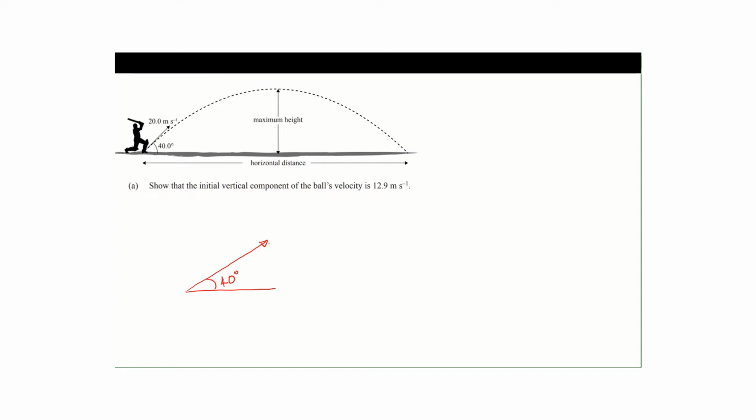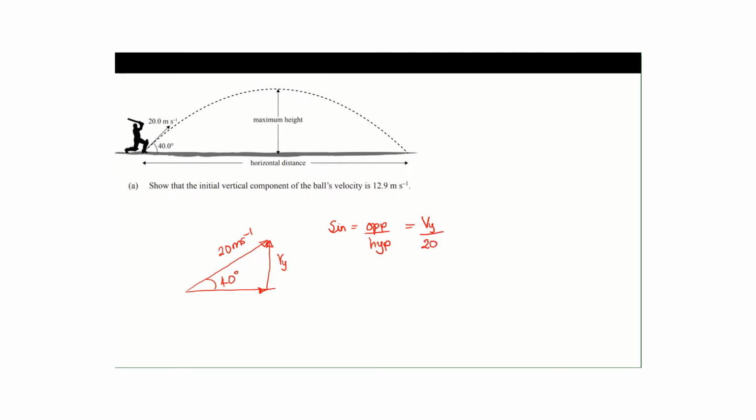So we need to convert this into its two components, because what we are interested in is the vertical component, Vy. We also know that this is 20 meters per second on this side. So if we look at sine, which is opposite over hypotenuse, that equals Vy over 20.